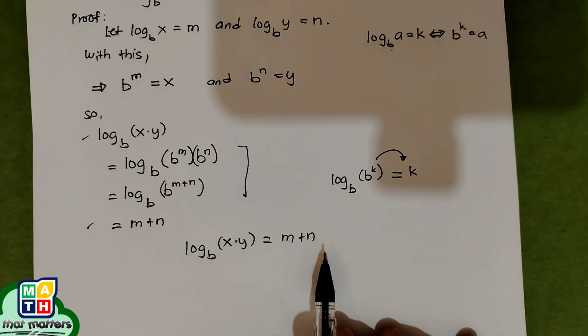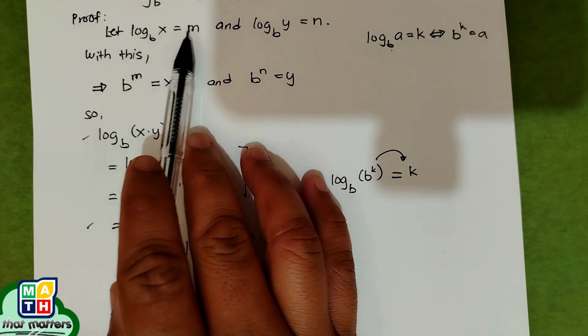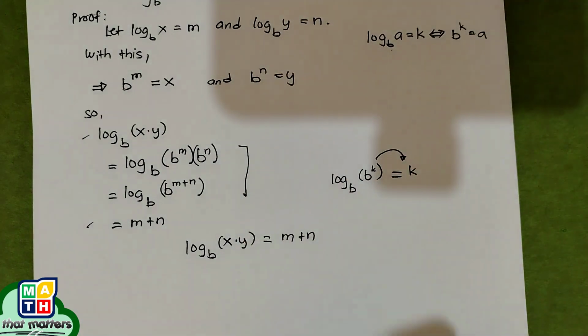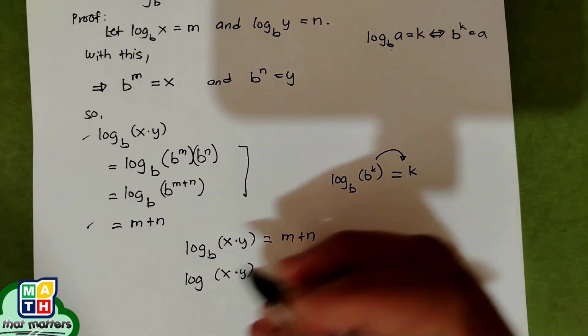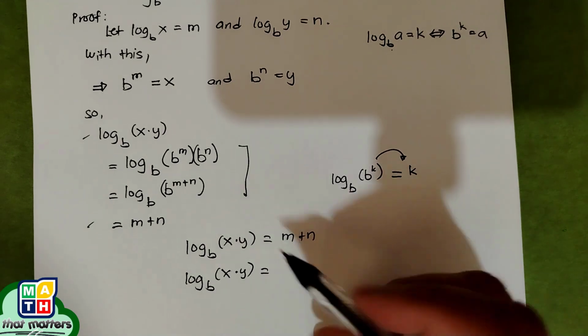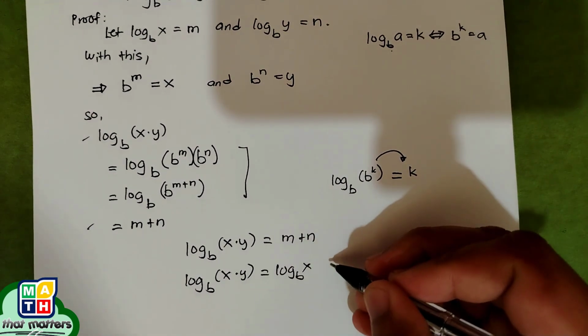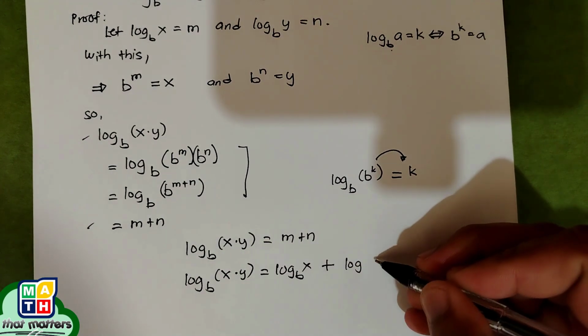And what were m and n earlier? Going back here, we let m be the logarithm of x to the base b, and n was the logarithm of y to the base b. So by substitution, the logarithm of the product of x and y to the base b is equal to m, which is the logarithm of x to the base b, plus n, the logarithm of y to the base b.